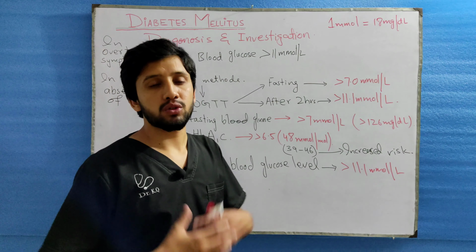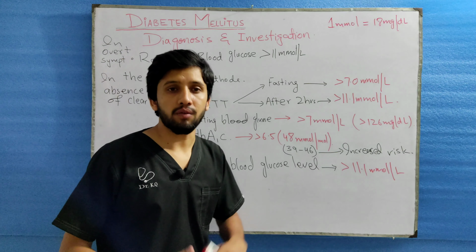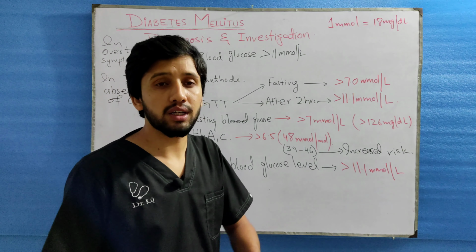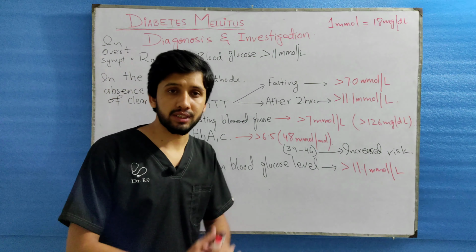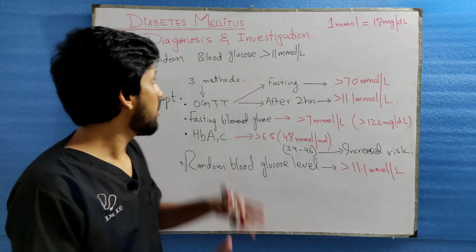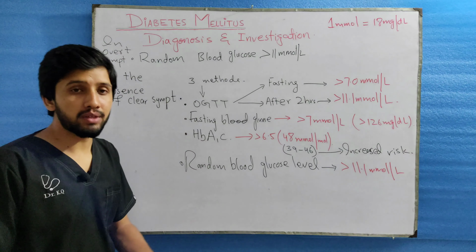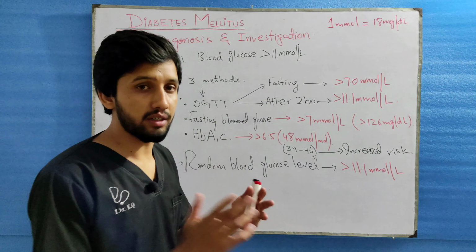So when the patient comes to you with the signs and symptoms of polydipsia, polyphagia, hunger and all the features which I have discussed earlier, you will go to the investigations to confirm the diagnosis that the patient is diabetic.